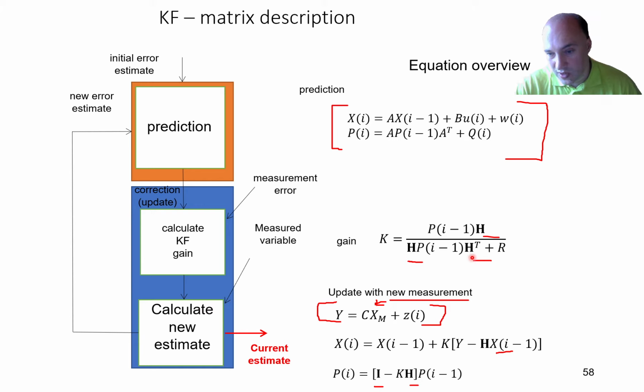But if we want to calculate this as a matrix, we need to keep the same format of the matrices. So that's where this new matrix, now called H, will come into play.